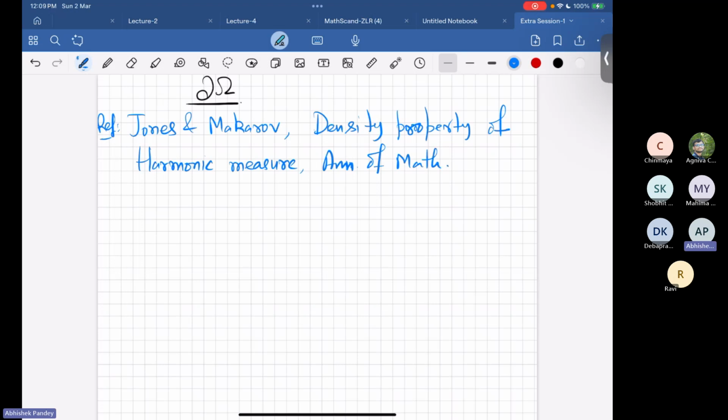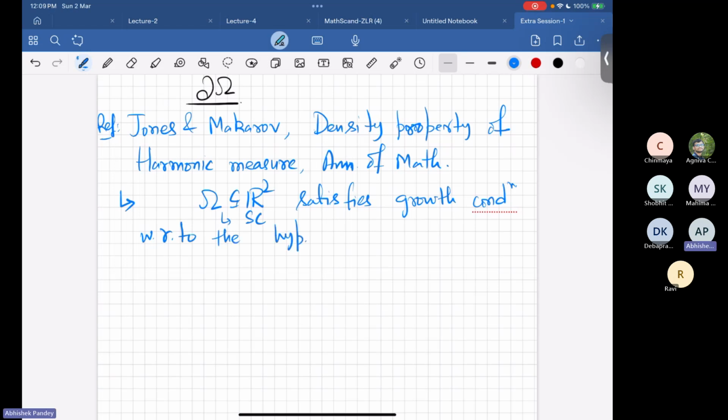Okay, so as I said, let me just mention a result which says that, let us say omega subset of R2, a simply connected domain, satisfies a growth condition with respect to the hyperbolic metric.